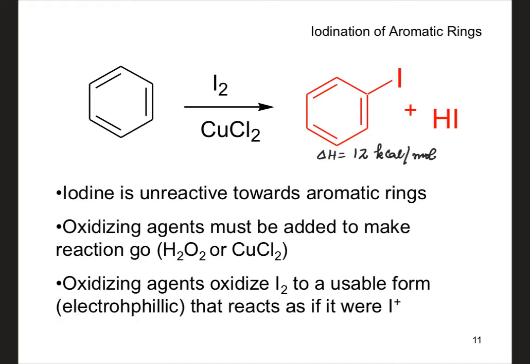And typically, that is done by using oxidizing agents such as CuCl2 or H2O2. Sometimes iodic acid might be used as well to make the iodine a little bit more reactive and generate a usable form of iodine. Okay, so let's take a look how the reaction takes place. However, I should say that since iodination is poorly understood, these are not the complete steps for the iodination.